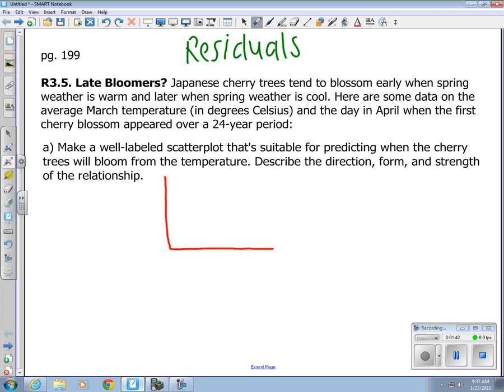Here's a little mini graph, and this is just rough. X and Y. And the Y is days in April.